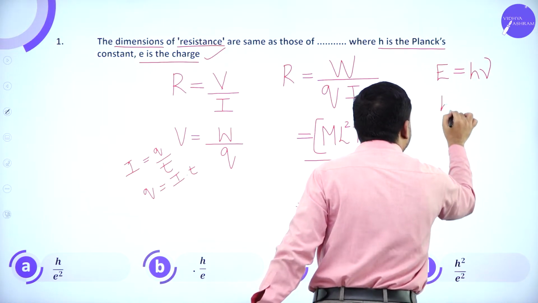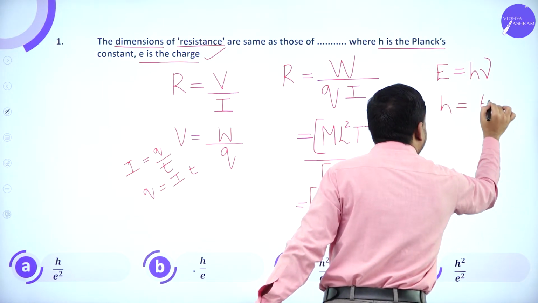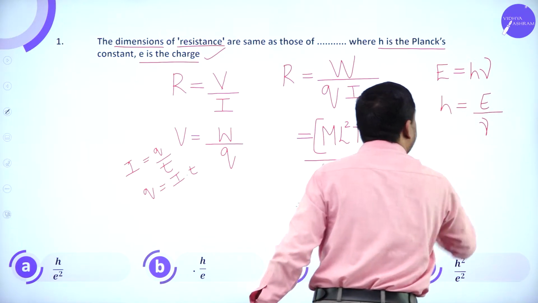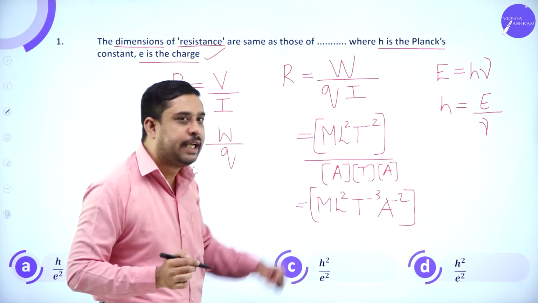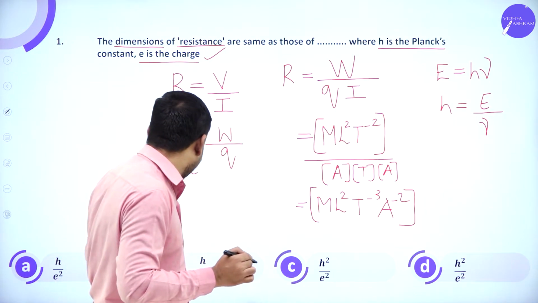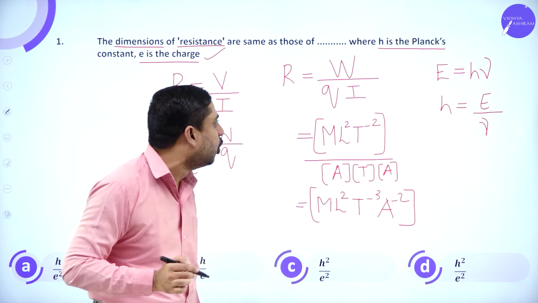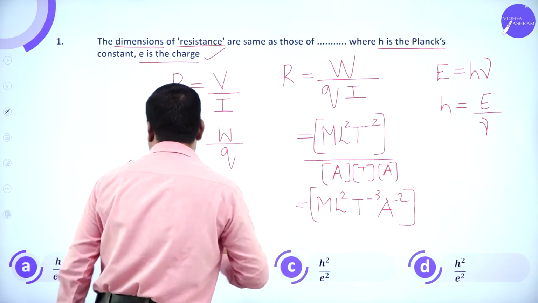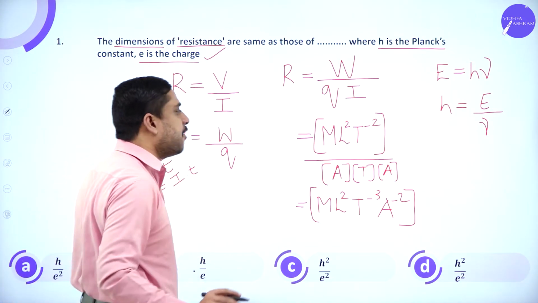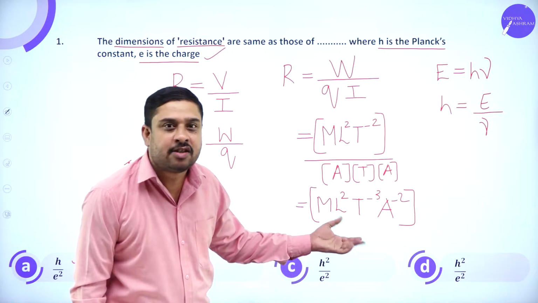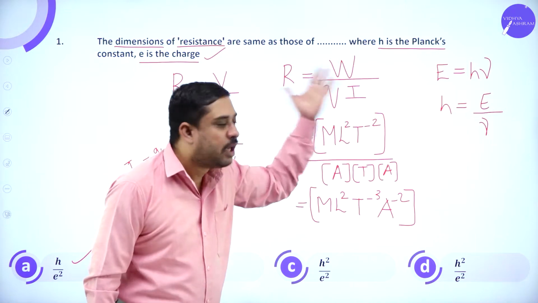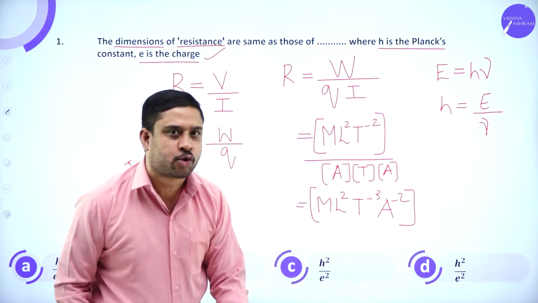So H is E divided by nu, which is frequency. H you get divided by any of the options you do. I'll give you the hint. Please do solve. The first option will be the answer. So, if the concept is known, link to link I can manipulate. Next one.